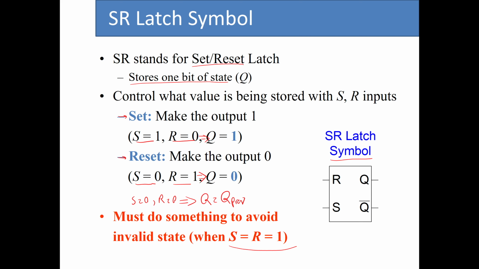There is another drawback in using SR-Latch, which may be not that obvious. But why do we need two inputs, S and R, to be able to set and reset one single output? So shouldn't only one variable or one input be enough?